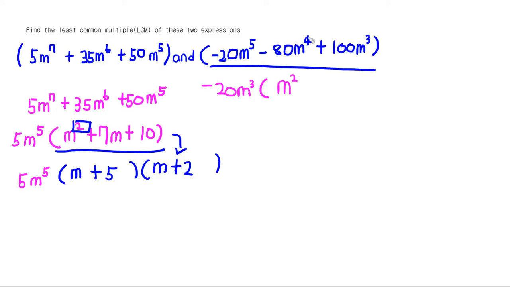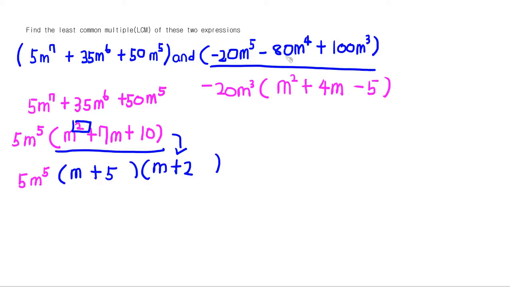Negative 80m to the 4th power divided by negative 20m to the 3rd power is going to be plus 4m, and then positive 100m to the 3rd power divided by negative 20m to the 3rd power is going to be negative 5.